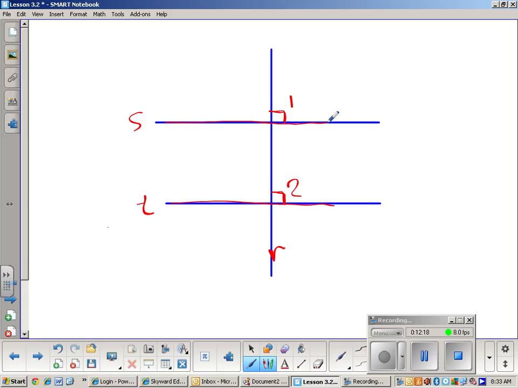And we learned earlier today that if corresponding angles are equal, then the lines must be parallel. So that helps us prove that if two different lines are perpendicular to the same line, then they must be parallel to each other. We can use the converse of the corresponding angles postulate to prove that these lines S and T are parallel.